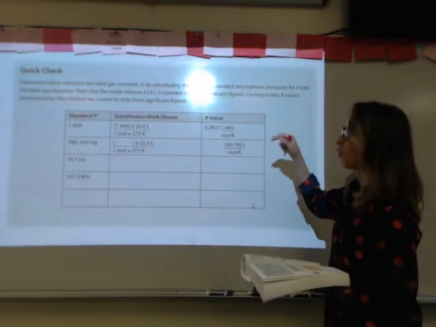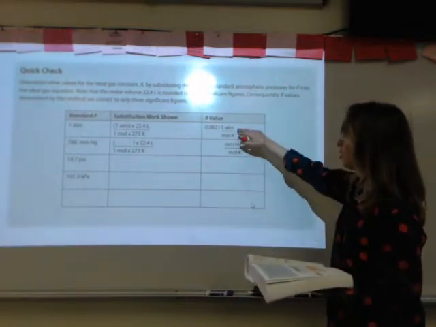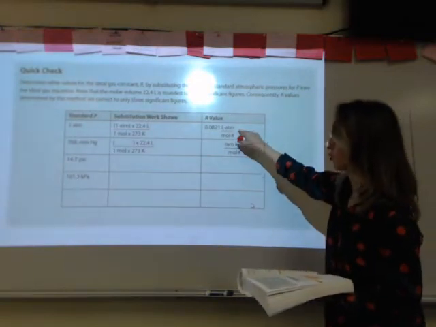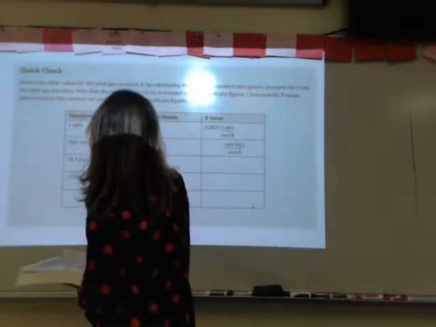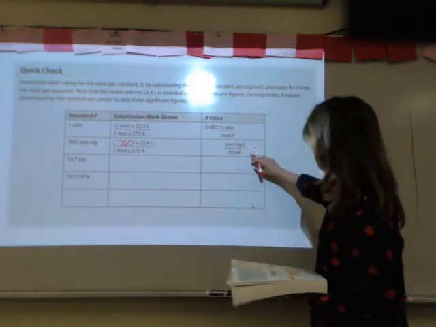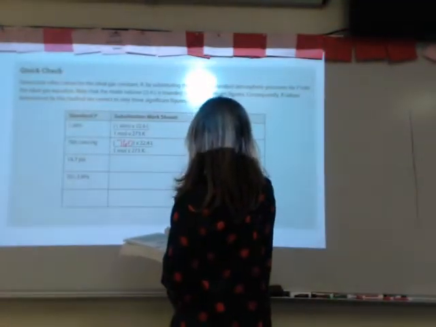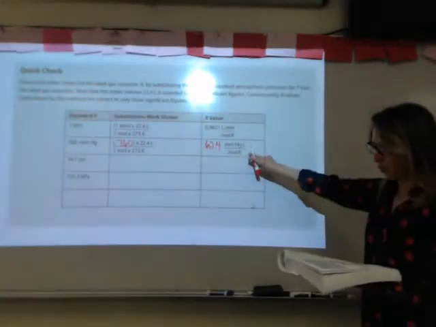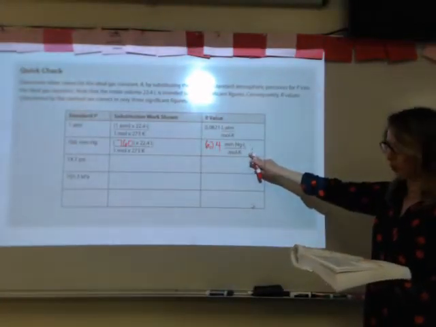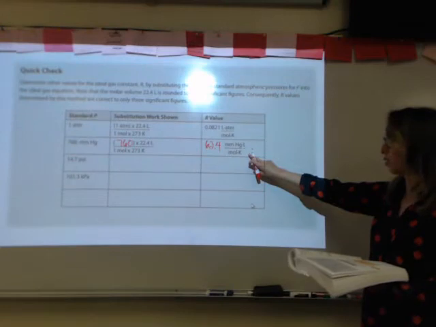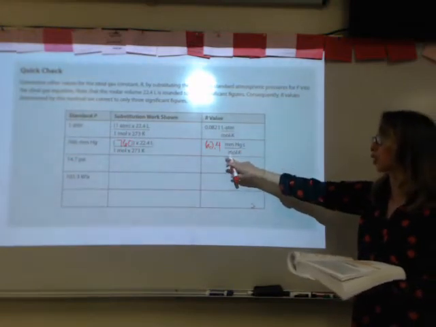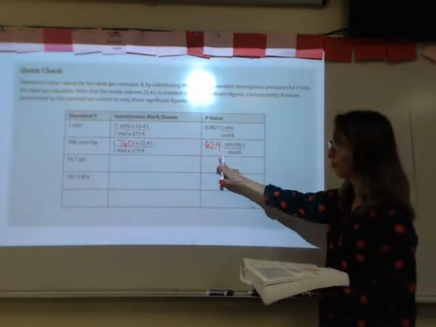So if the pressure is in atmospheres, this is the R value that you would use. If you substitute in 760 millimeters of mercury to that equation, you're going to end up getting 62.4 millimeters of mercury times liters over moles times Kelvin. So if your pressure is in millimeters of mercury, you would use this R value.